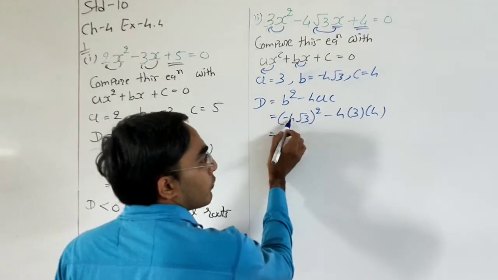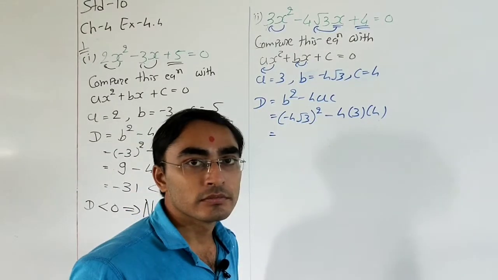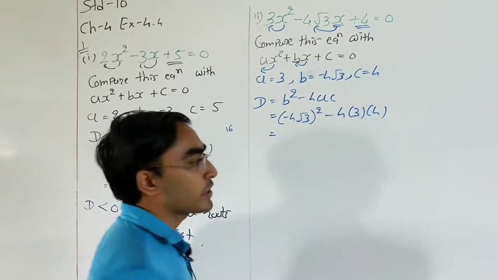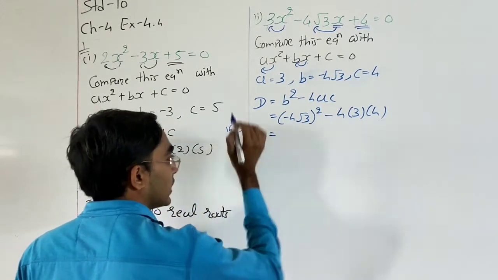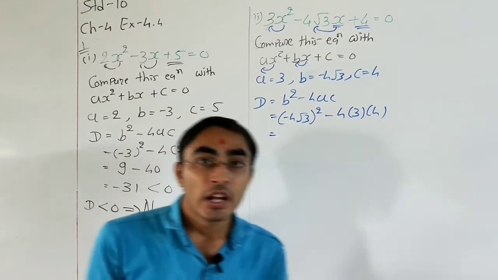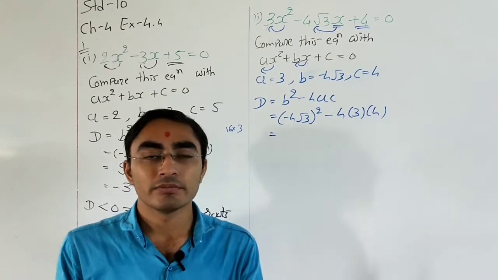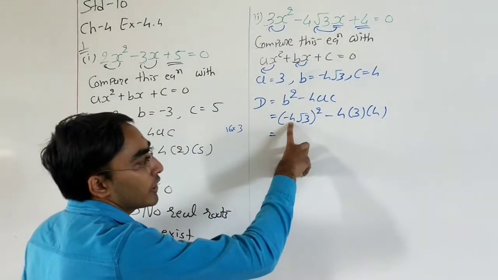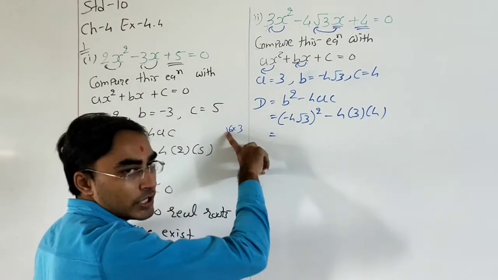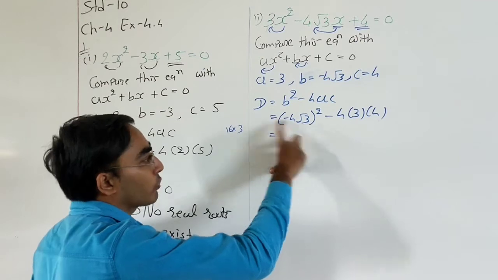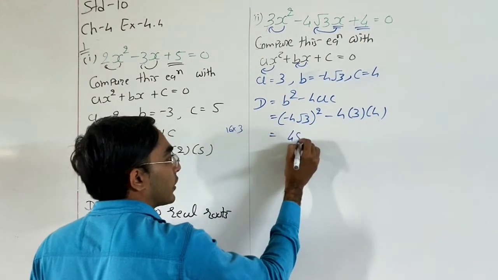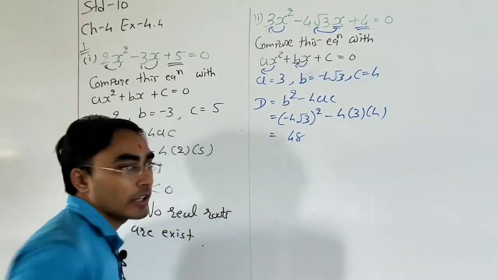Now here we have 4, so 4 square is 16, and under root 3 square is only 3. Under root 3 multiplied by under root 3 is only 3. So we have 4 square 16 multiplied by under root 3 square only 3. So 16 into 3, the final answer is 48.